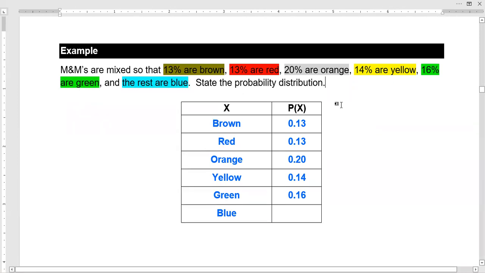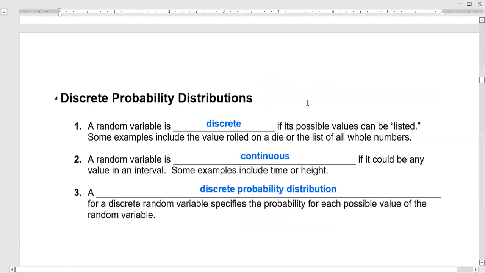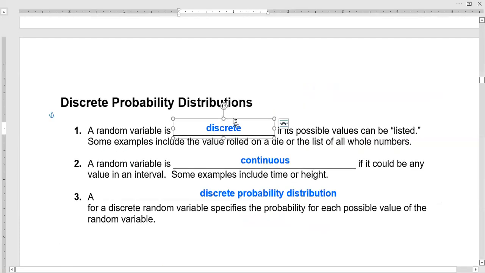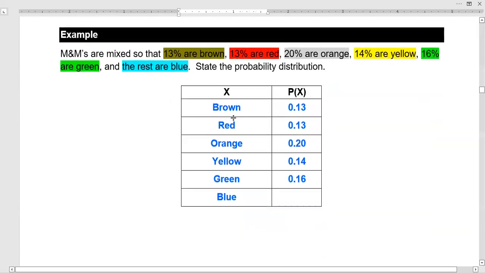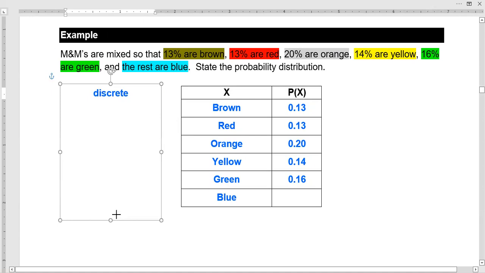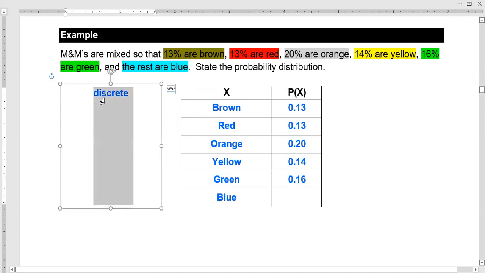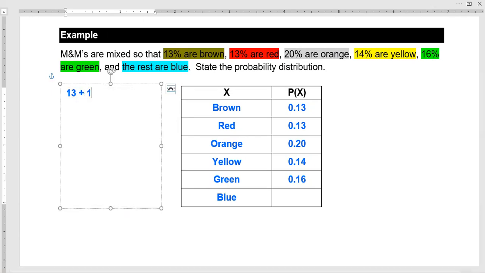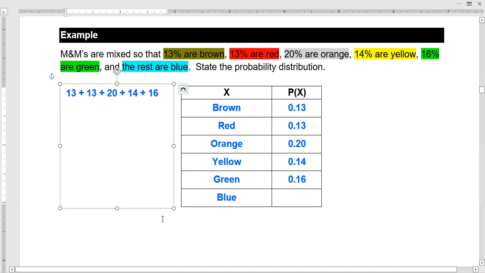So let me grab a box from somewhere, and let's throw some work into this box here. So let's start out by adding together all of the percentages that were given to us. So we're going to add 13 and 13 and 20 and 14 and 16. So those are the probabilities we've been given.